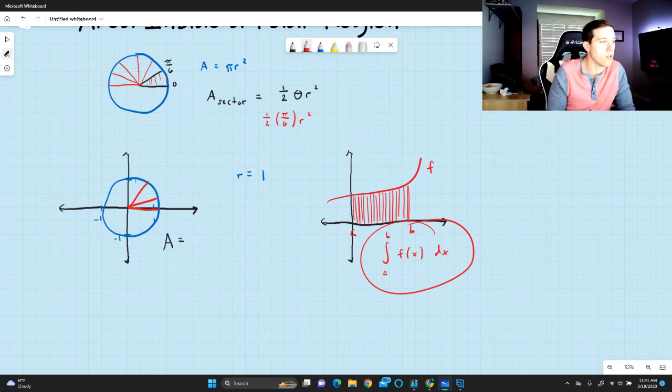So when we do polar areas, here's how it works. You are going to think about it like you are adding up a bunch of infinitely skinny, infinitely many sectors, all emanating from the origin, aka 0, 0. And you want to capture all of this area from this start point to this stop point. So you're going to use an integral.